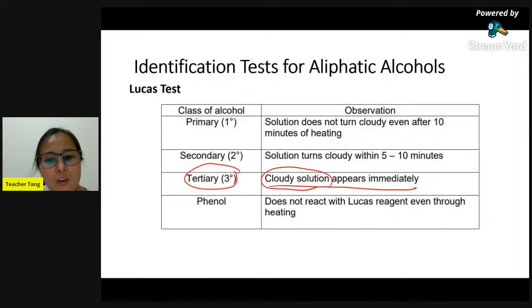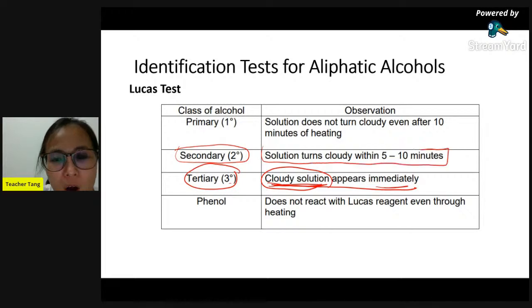Tertiary alcohol can proceed through SN1 quickly, so the cloudy solution forms or appears immediately. And secondary alcohol gives a less stable secondary carbocation. Therefore, you see the product form within 5 to 10 minutes.